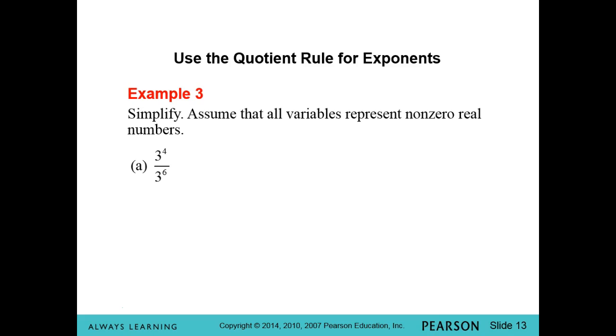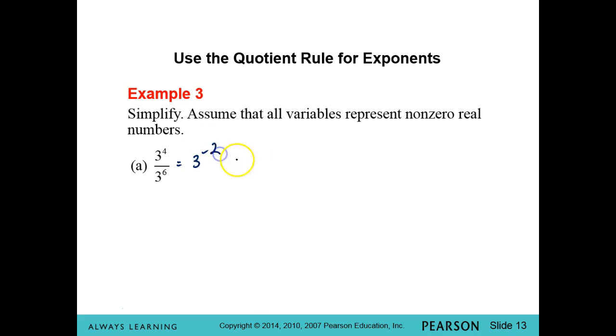Okay? Now, their example 3 is the book's example 4. I mean, it's not the same, but it's close. Okay? So what in the world would this be? 3 to the 4th divided by 3 to the 6th. 3 to the negative what?